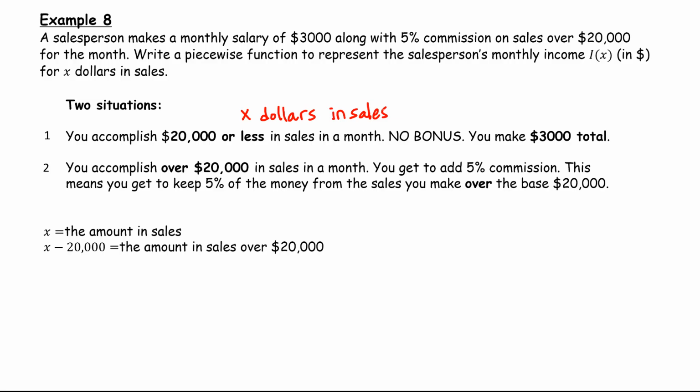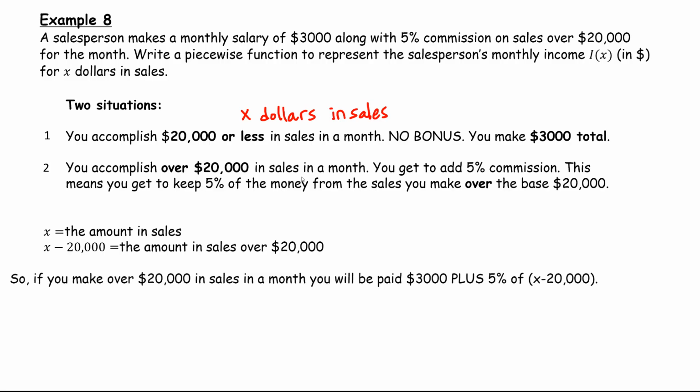So x minus 20,000 is going to be the amount in sales that you made over 20,000. So we're looking at these two scenarios. Like I said, if you make over 20,000 in sales in a month, you'll be paid 3,000 plus 5% of whatever you sold over 20,000, which is x minus 20,000.